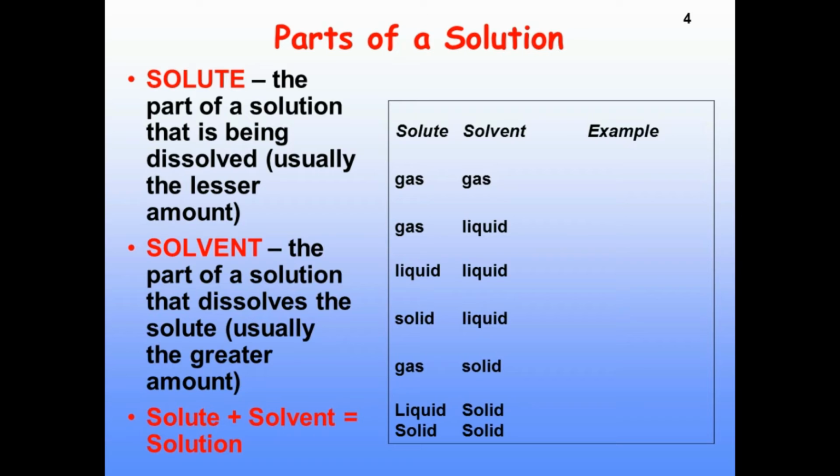I kept them both in grams so you can see the ratio. So which one's lesser? 16.1. Solute. And solvent is usually the greater amount. Which one's greater? Right there, that's going to be the solvent. That's how you're going to know the difference. Whichever is higher is going to be your solvent. The one that's lower is going to be the solute.